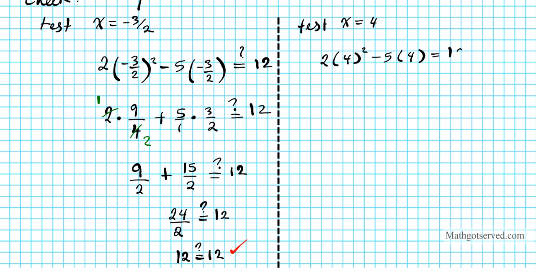Is it equal to 12? If you square 4, you get 16. Is 2 times 16 minus 5 times 4, which is 20, equal to 12? 2 times 16 is 32. Is 32 minus 20 equal to 12? 32 minus 20 is 12, right? Is 12 equal to 12? Absolutely. So our answer checks out.